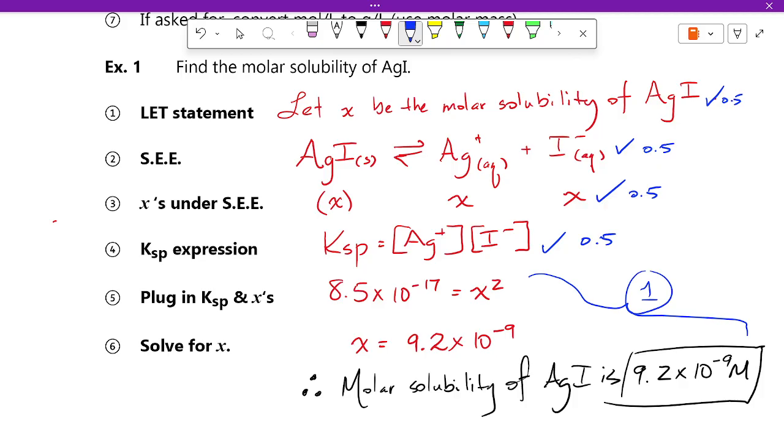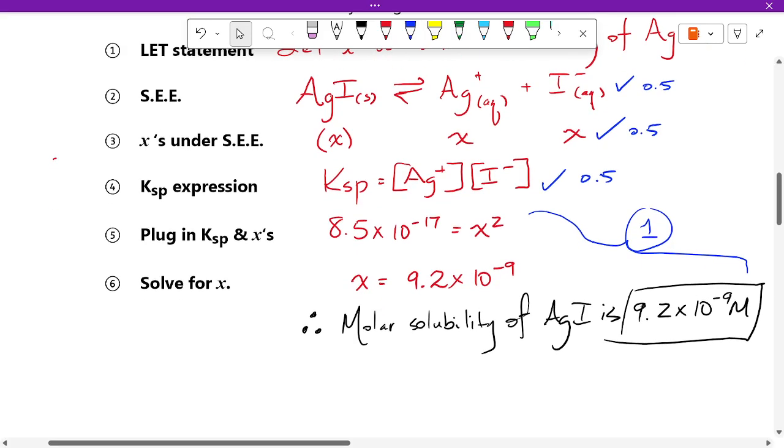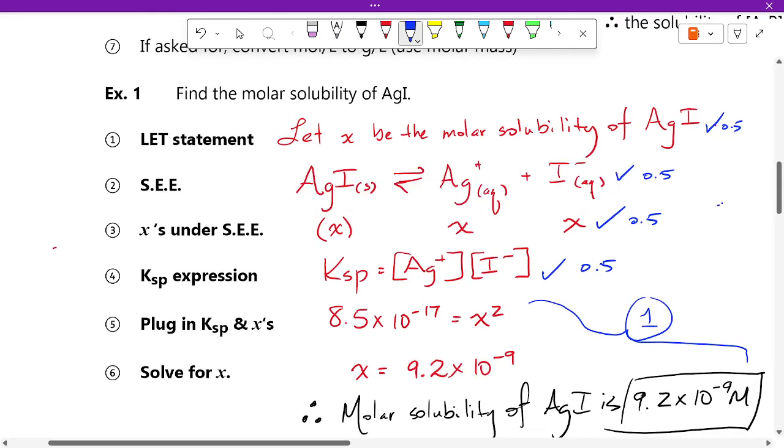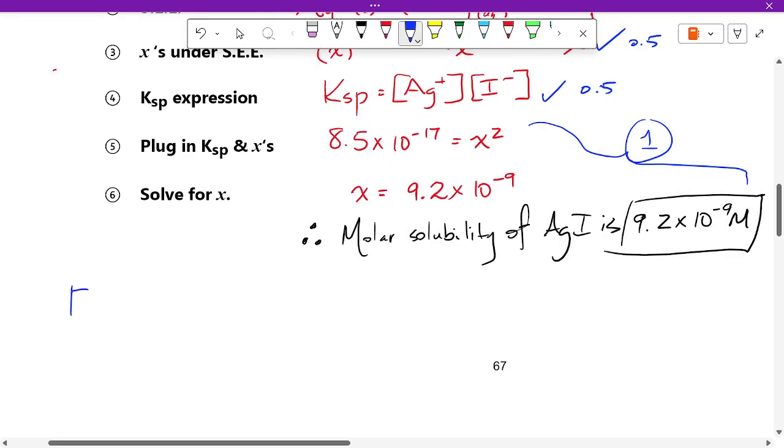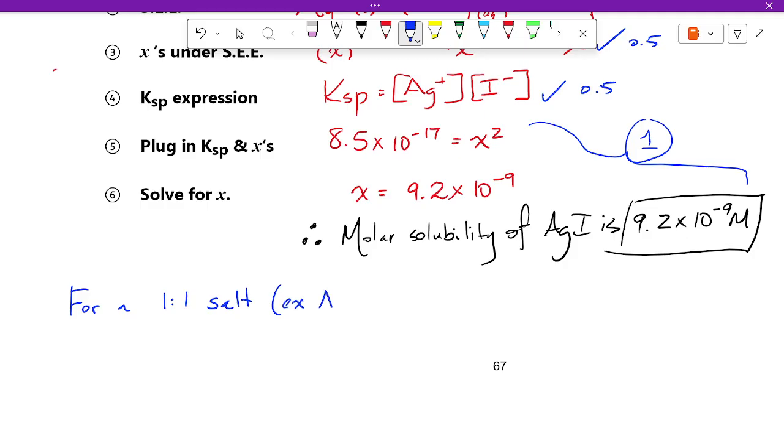But if this is multiple choice, could you speed this up? You sure could, because you know that this is a 1-to-1 salt, yes? We have a 1-to-1 ion concentration, yes? And we know that for a 1-to-1 salt, so that means like AB, just 1-to-1, KSP is equal to what?